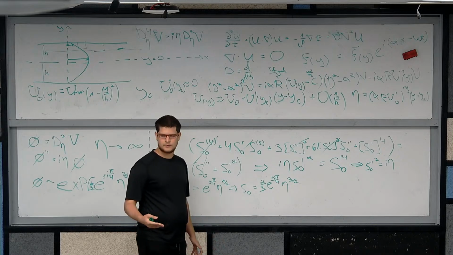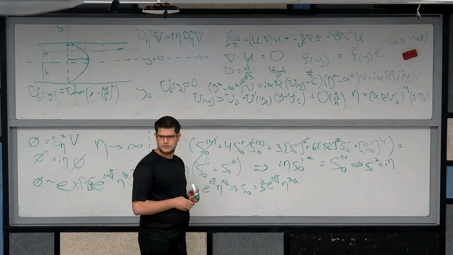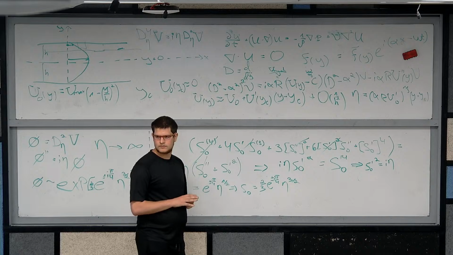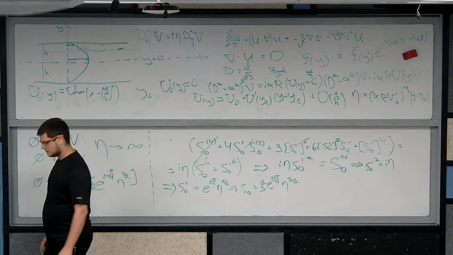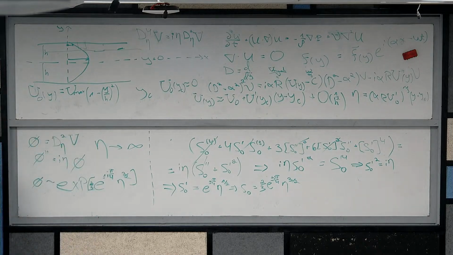Everyone understand how we got there? Yeah. But you have a 4th-order differential equation. Those are 2 solutions. What happened to the other 2? Let me think. I think they came in next orders.